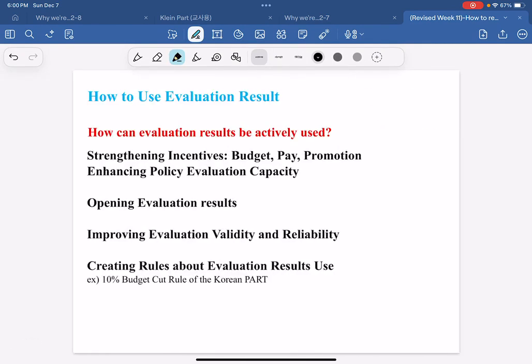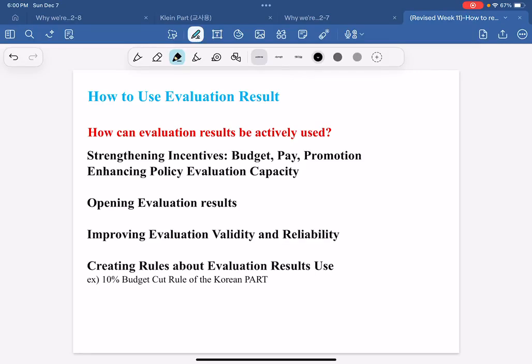Okay, lastly, how to use evaluation result. Evaluation results should be actively used, right? How can we motivate public officials to actively use evaluation results? The first is incentives, right?